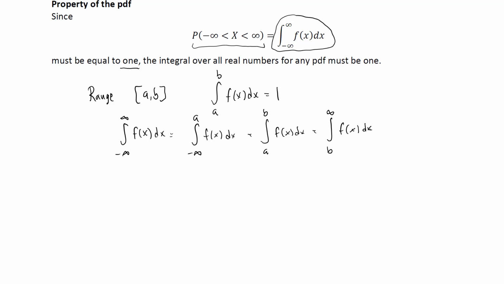If the range of my random variable is from a to b, then f of x is 0 outside that interval. So that means that it's 0 between minus infinity and a, and this must be 0, same reason this must be 0. So the integral from minus infinity to infinity will become equal to the integral where we only integrate over the range of X.